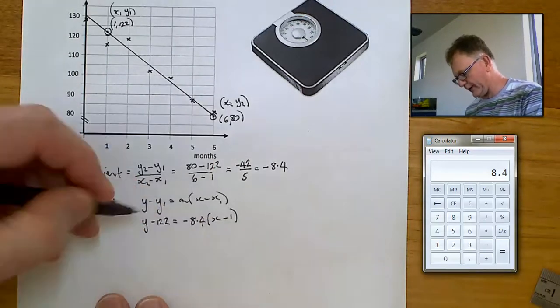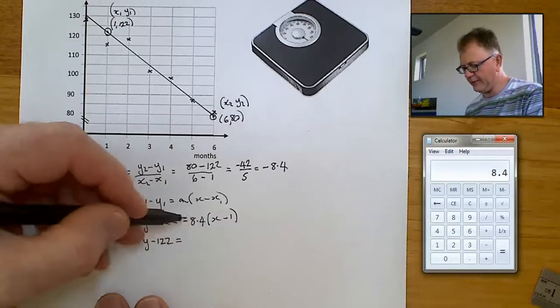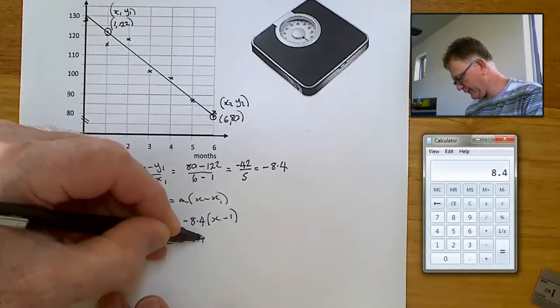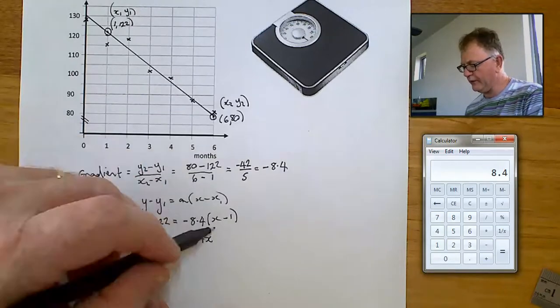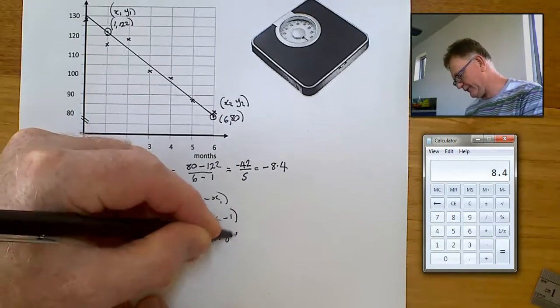Multiply this out of brackets first, y minus 122 equals, and remember the negative 8.4 applies to both those things, so it's negative 8.4 times x, and negative 8.4 times negative 1 is going to be plus 8.4.